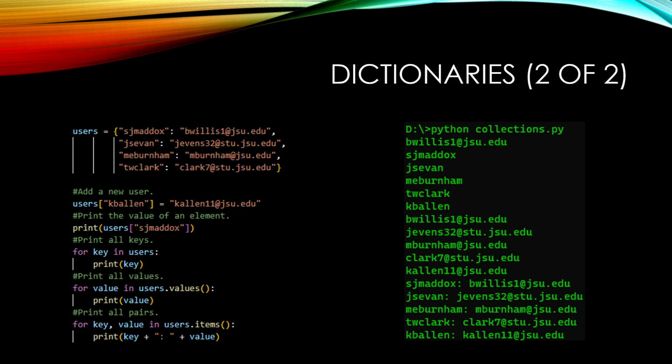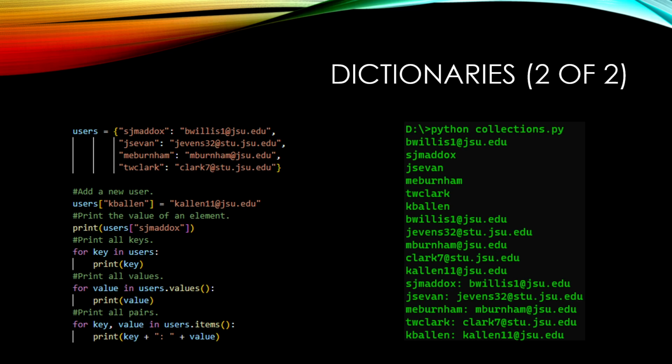So we have users equals the dictionary containing sjmaddox, bwillis1 at jsu.edu, jsevan is, we see here, jevans32 at stu.jsu.edu, mburnham, mburnham at jsu.edu, and twclark7 at stu.jsu.edu. Apart from mine, all of these are just random ones made up.